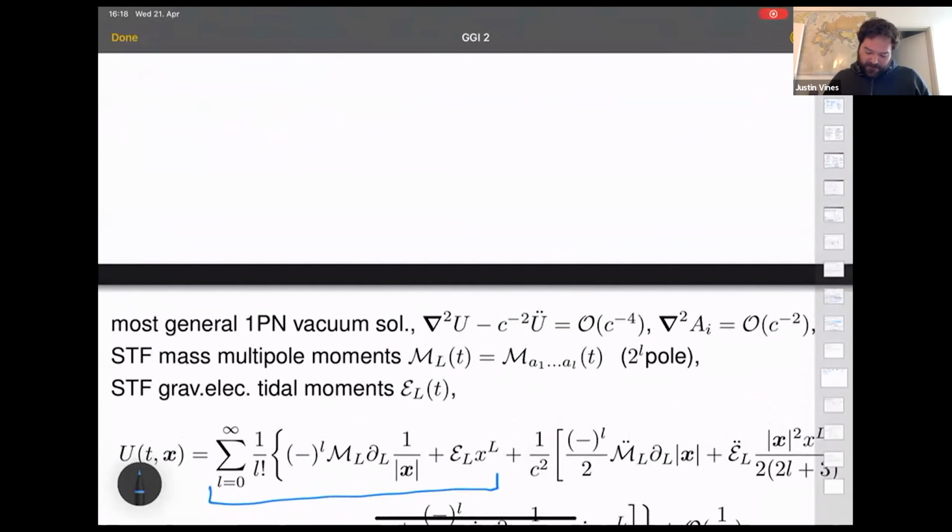First of all, there are a set of tensors which depend only on time with an increasing number of indices, which are these so-called mass multipole moments. These are tensors with little l indices from A1 to AL, and they are contracted with derivatives of 1 over r.